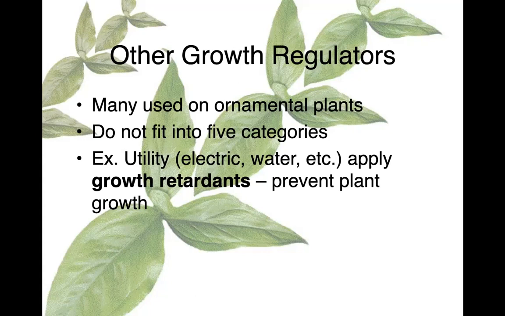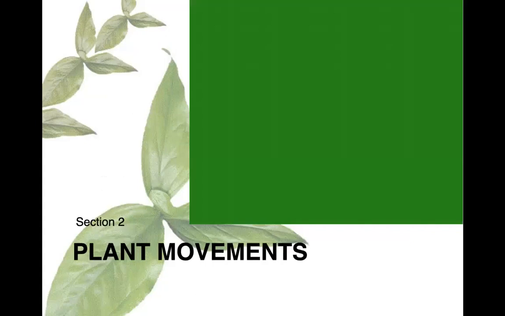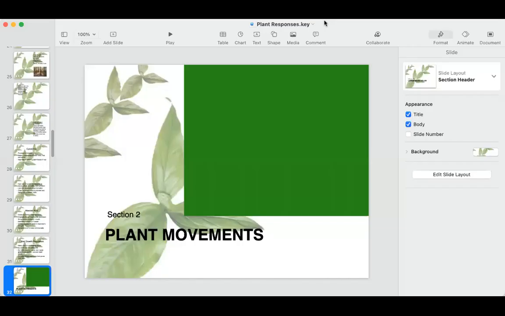You can apply hormones to just slow their growth down or prevent it. This can, in certain circumstances, be less expensive than pruning or cutting the trees. Okay.